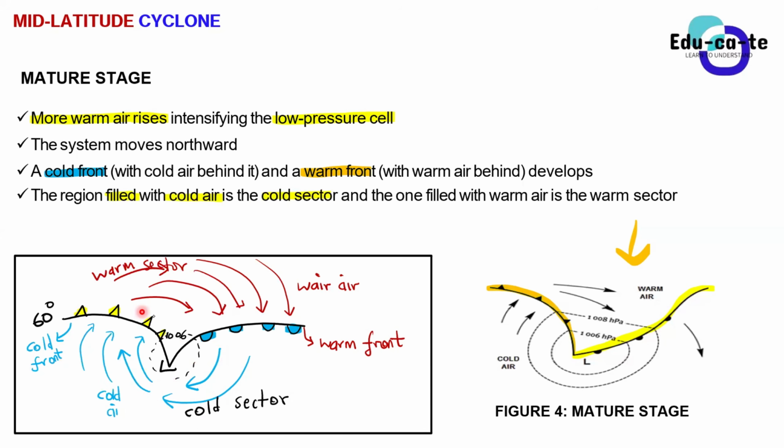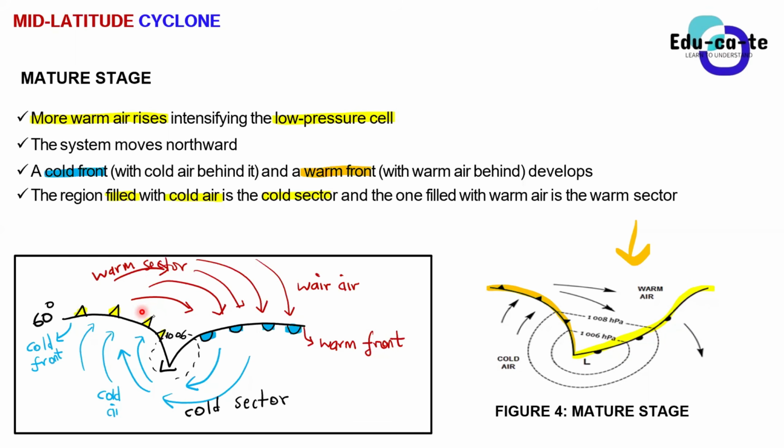Yes. So one of the evidences that you can give of a mature stage of a mid-latitude cyclone is that there is a warm sector and there is a cold sector, because we can only have a warm sector and a cold sector if and only if it is in the mature stage. If it is not in the mature stage, there is no warm sector, there is no cold sector.